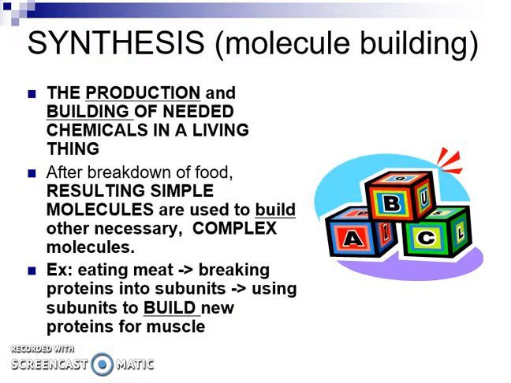Synthesis is molecular building. We didn't really talk about this in class too much, but this is the production and building of needed chemicals in a living organism. So we ingest food and we take in all the necessary nutrients we need, but we also get a lot of extra stuff. So, for example, when we eat meat or things that have protein in them, our body breaks down proteins into the building blocks of proteins, which are amino acids.